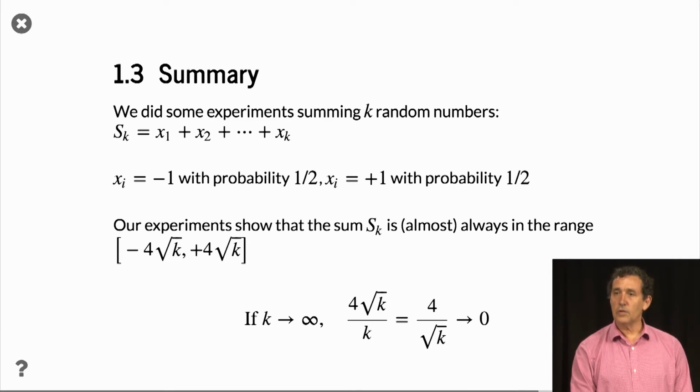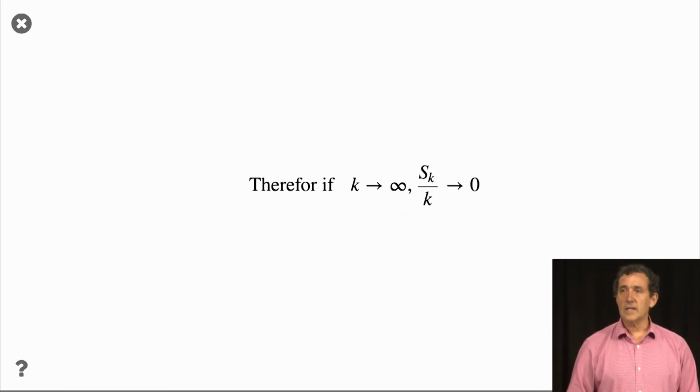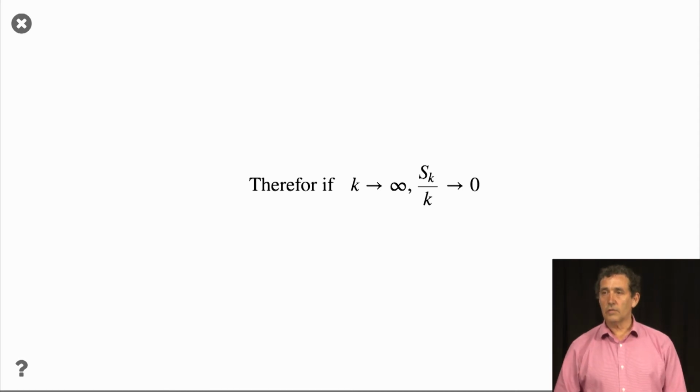If k goes to infinity, we have 4 square root of k as the range divided by k. So that is 4 divided by square root of k, which goes to 0 as k increases. And so what we can say is that sk relative to k, so the ratio of the difference between heads and tails divided by k, goes to 0. And that's basically what we mean by the probabilities being half and half.